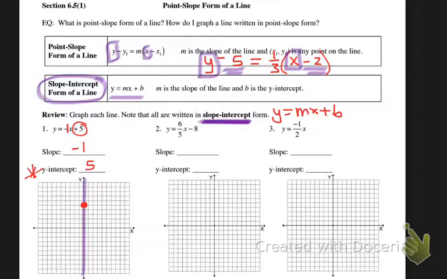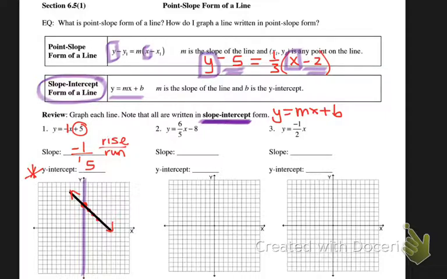Then we use our slope, which is rise over run. -1 can be written over 1. So we're going to go down 1 to the right 1. So down 1 over 1, down 1 over 1. Do that a couple times so that you get a few points, and then you can draw your line.